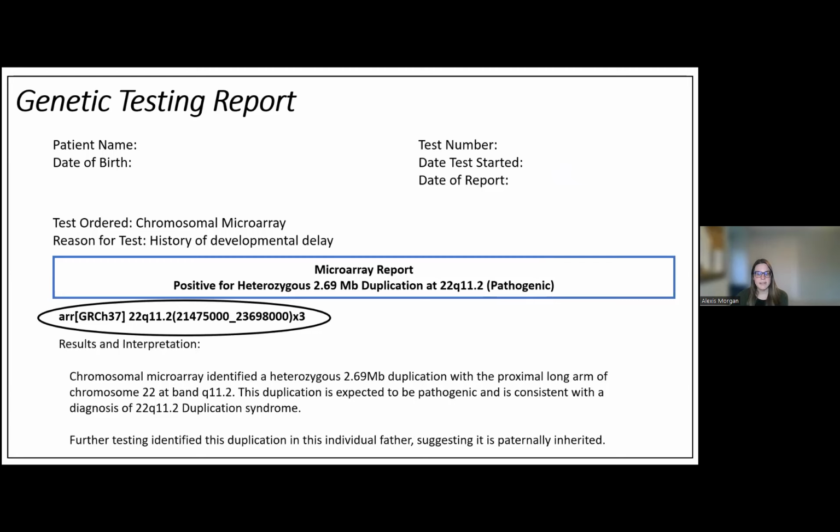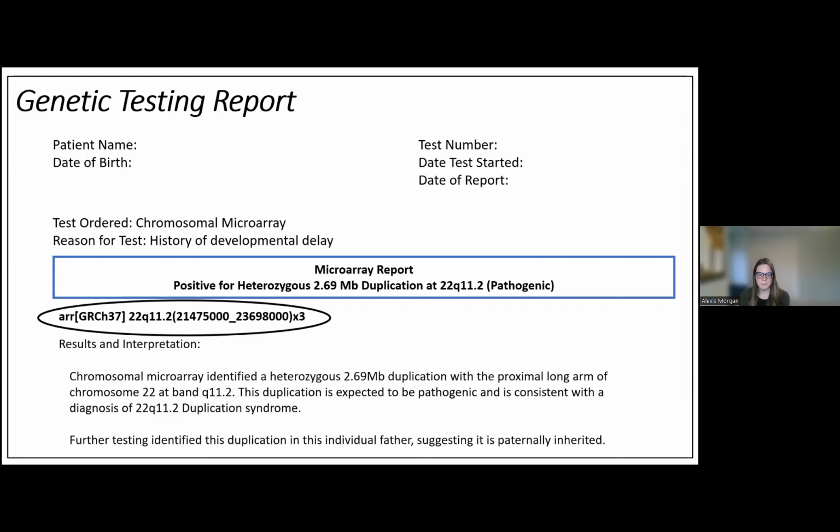Another way you may see a copy number variant written is shown in the circle. ARR means this was a microarray. GRCh37 is stating the specific genomic database or genomic build that was used for this testing. You may also see different numbers for the genomic build.